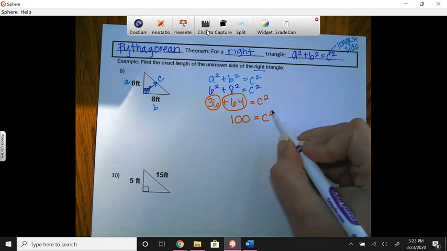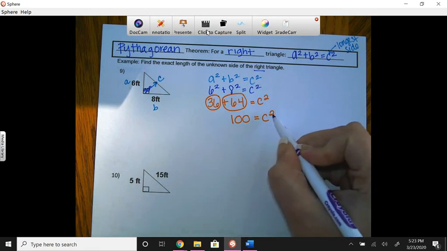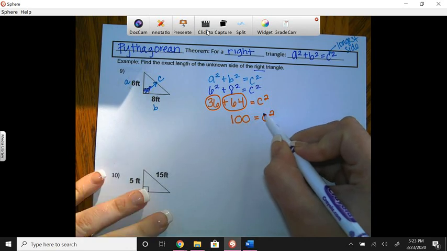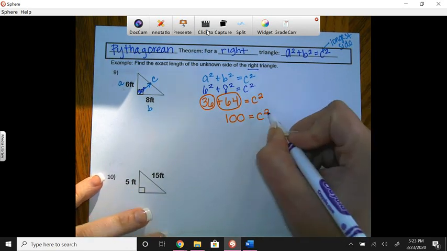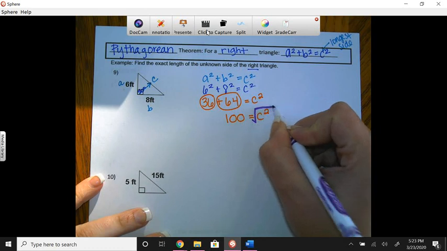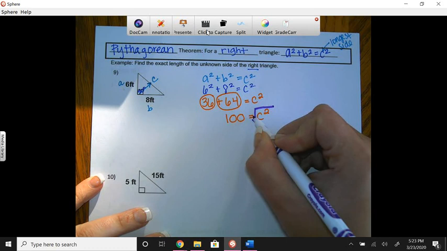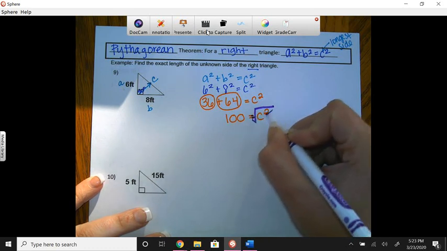So if I want to undo a square, in problems 1 through 8 in videos 1 and 2, you learned that a radical with an index, so if this radical doesn't have a little number there, we know it's 2. So when these two are the same, they undo each other.